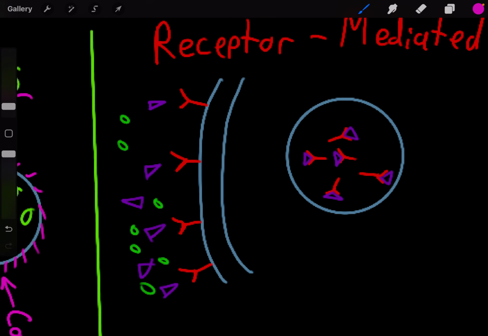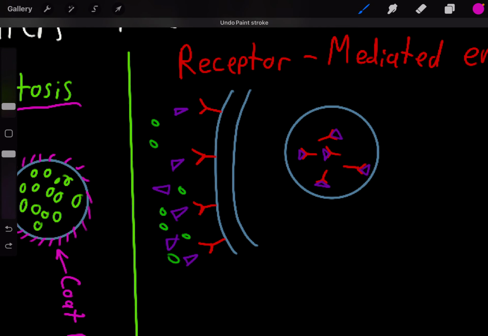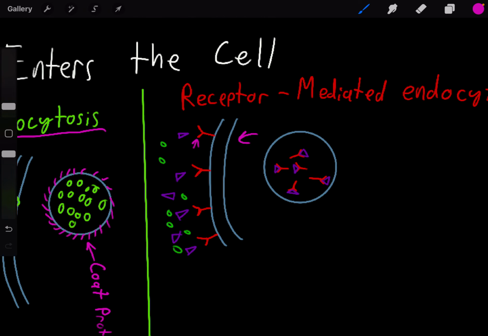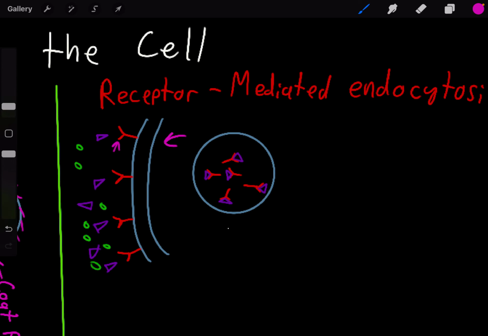For example, we have these receptors here, and whatever connects to the receptors, when they connect to it in a bunch, then the cell membrane will engulf the receptors with whatever is connected to them and take them inside the cell.